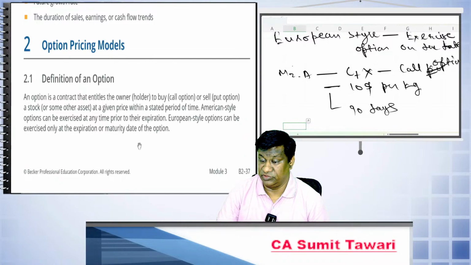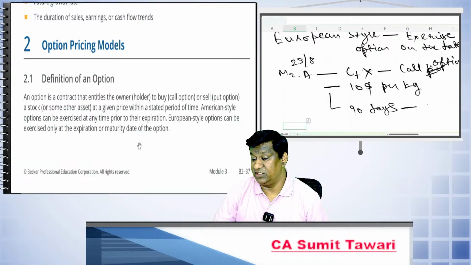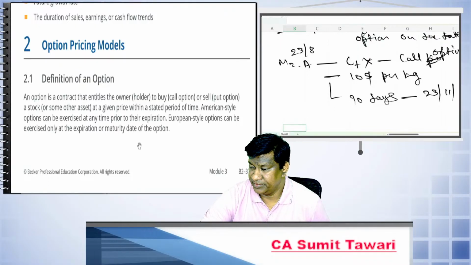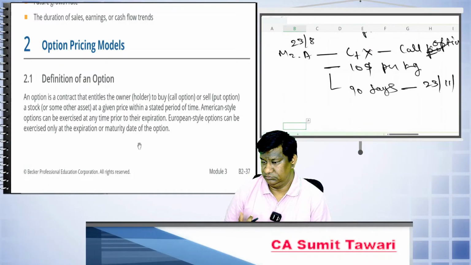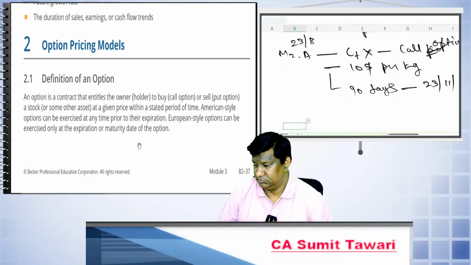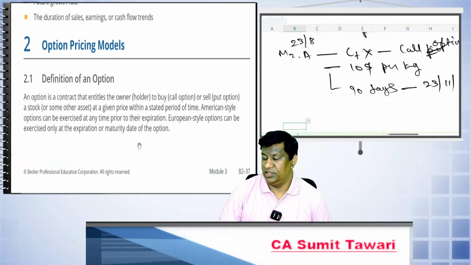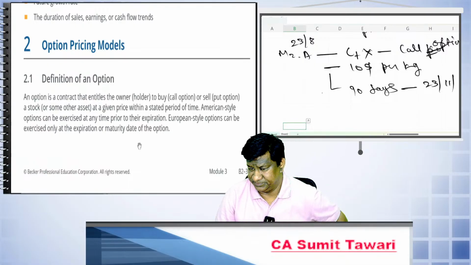Say today's date is 23rd August. So expiry date is September, October, November. I'll consider 27 November. So this way you can take this example.